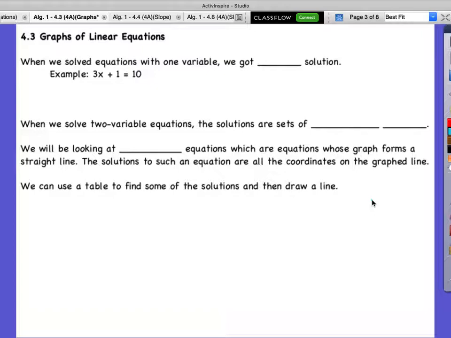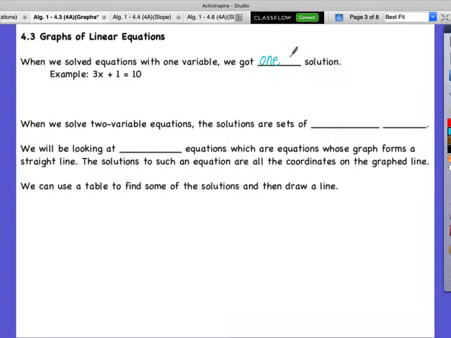So, we're going to learn to graph these linear equations now. When we solved an equation with one variable, we got one solution. Here's an example: 3x plus 1 is equal to 10. There's one variable, and that variable is x.